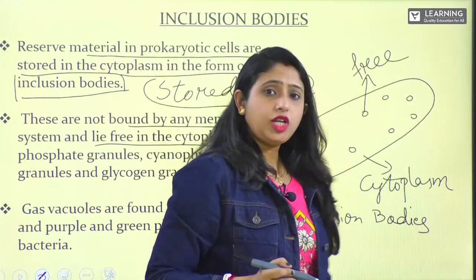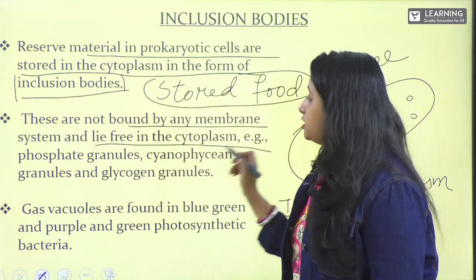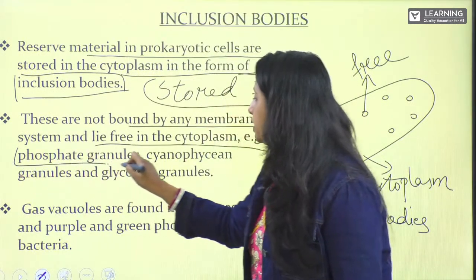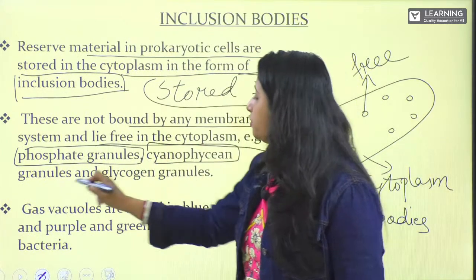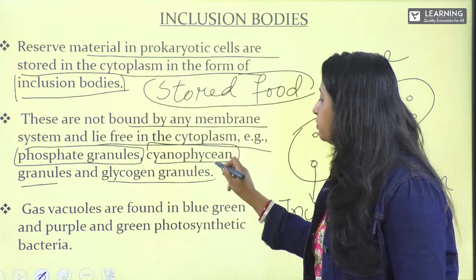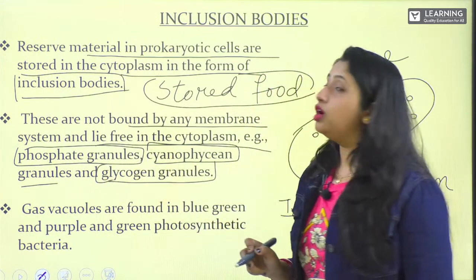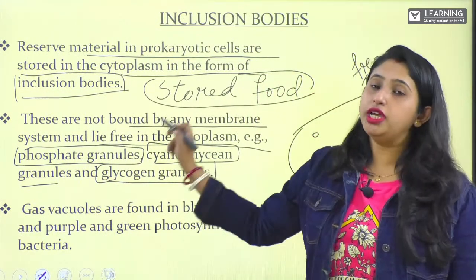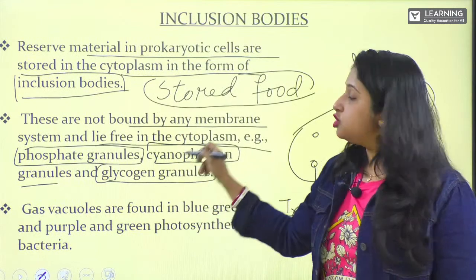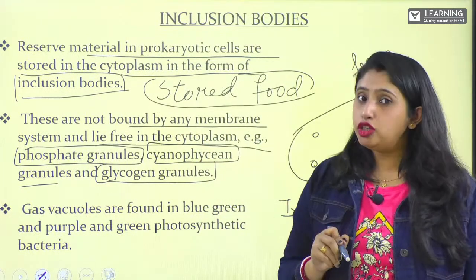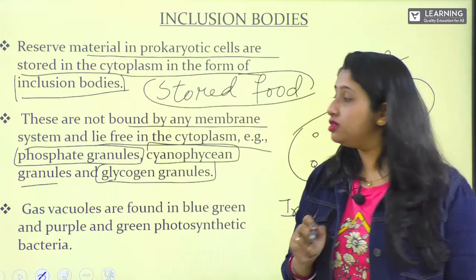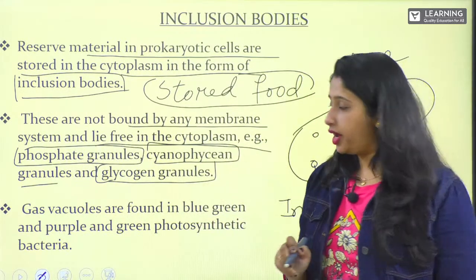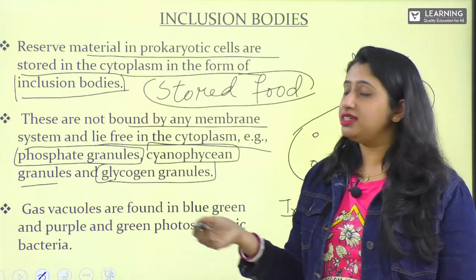Clear? All right. Examples are phosphate granules, cyanophycin granules and glycogen granules. All these are examples of inclusion bodies, present inside the bacterial cell.